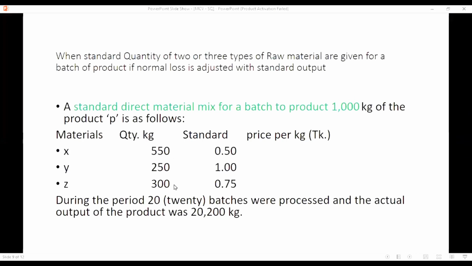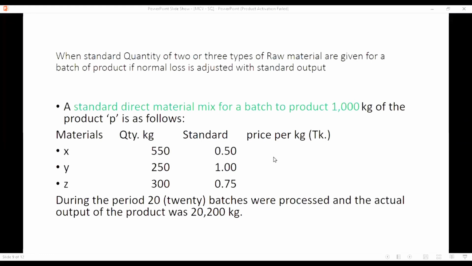So there is a normal loss of 100 kg. And from 1100 kg of material mix, a batch of product is produced, 1000 kg. And actually 22,200 kg were produced.